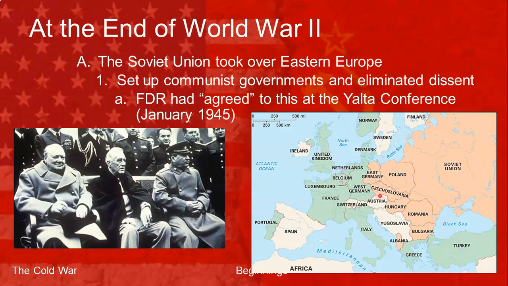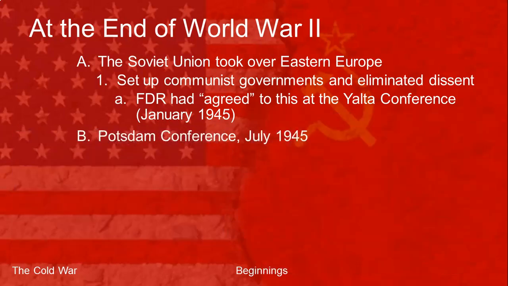So FDR thought he had a good enough relationship with Stalin that he could allow him to take over Eastern Europe and then convince Stalin that the West did not want to invade and calm Stalin down and allow free elections to take place in these countries. Unfortunately for those countries, FDR died in April of 1945.